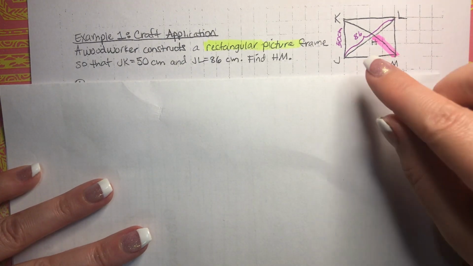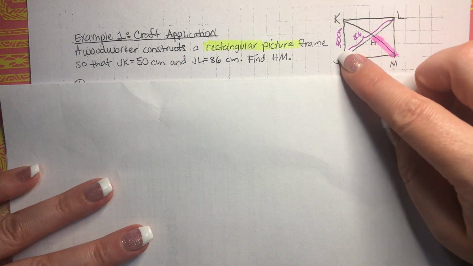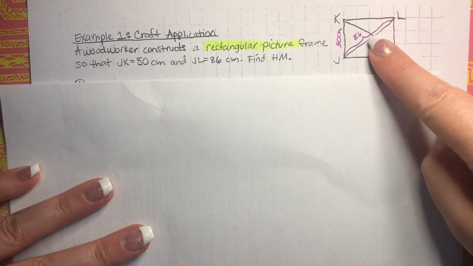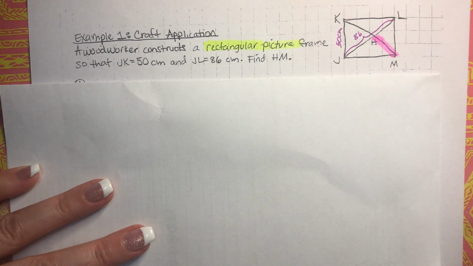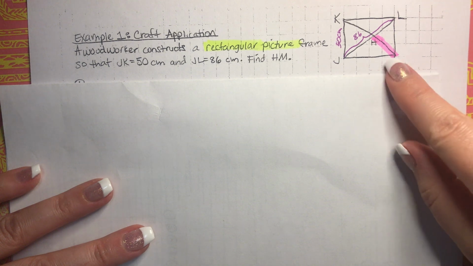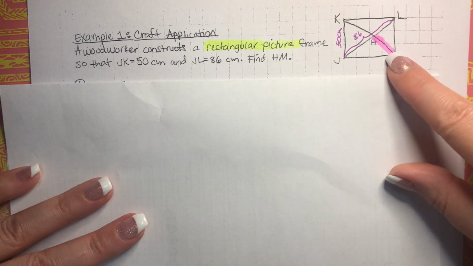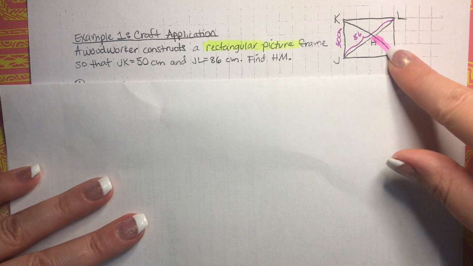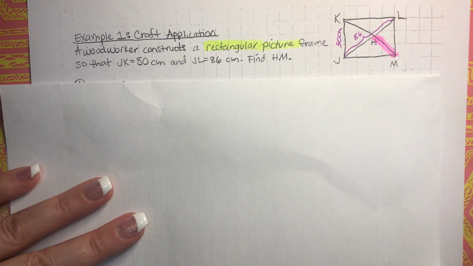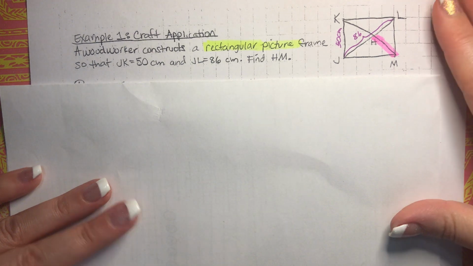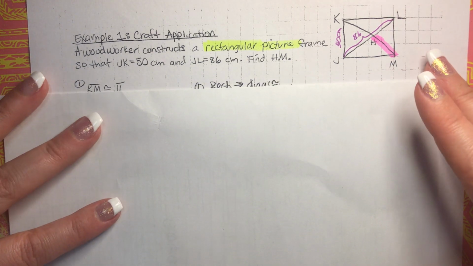So if the diagonals are congruent, and this is 86, then we know that this is also 86, right? And since it's a parallelogram, we know that the diagonals bisect each other, so this HM is half of the whole, right? Okay, so let's go ahead and get started.